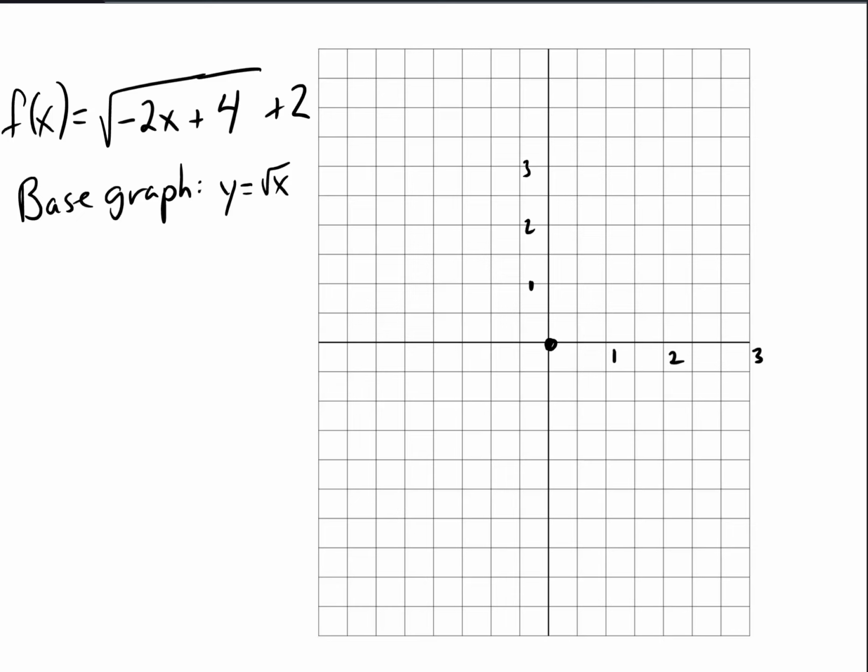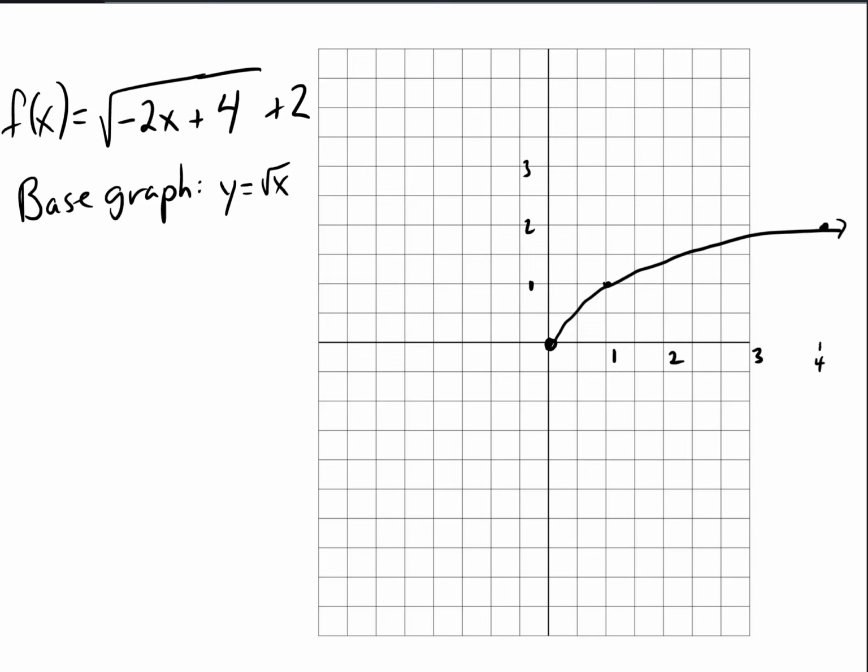All right, so our base graph is square root of x, so we know we go through the point 0, 0, 1, 1. 4, 2 would be another point, and we've got this half of a parabola that opens to the right. So this is the base graph we're going to start from, and this is the one that we're going to transform into the graph of y equals f of x.